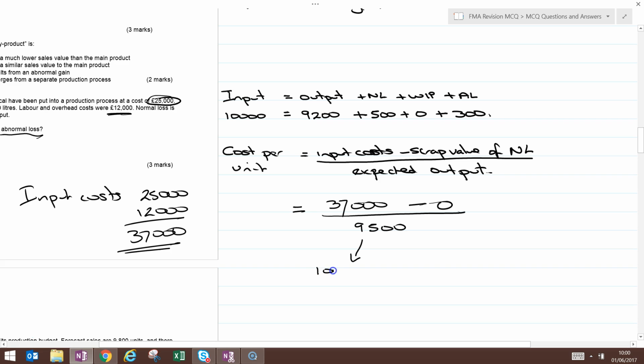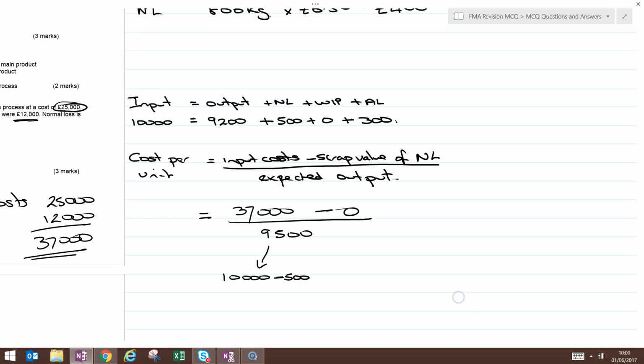So that's the 10,000 that we input minus the 500 normal loss. So our cost per unit, £37,000 minus 0 divided by 9,500 gives us 3.895 per litre.